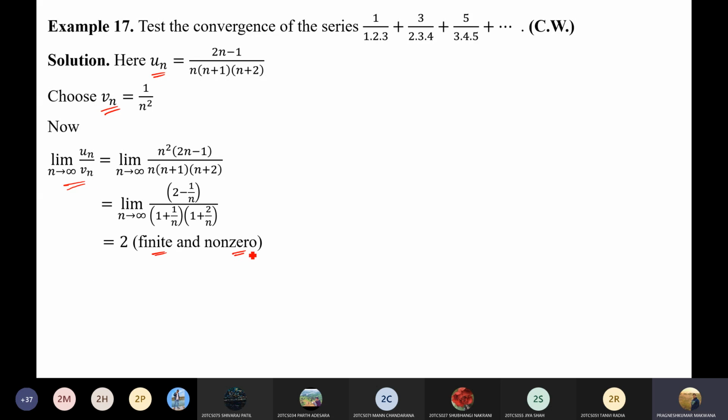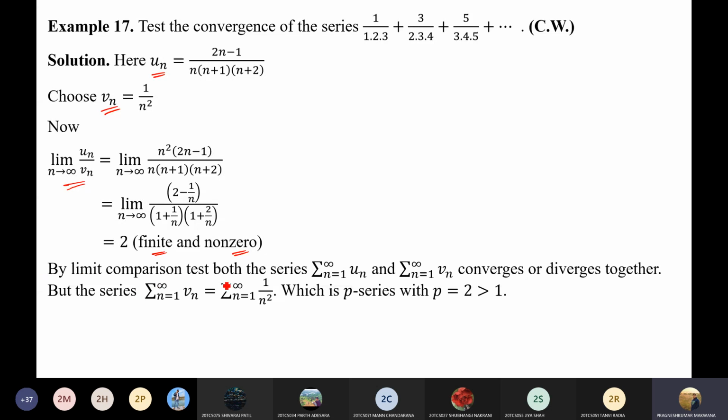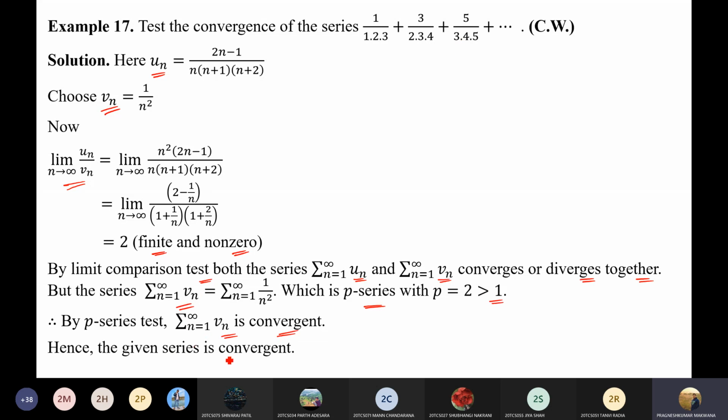The limit is finite and non-zero. So by the limit comparison test, both the series Un and Vn converge or diverge together. But the series Vn is a P series with p equal to 2, greater than 1. So by the P series test, the series is convergent. And now since this series is convergent, you can say that the given series is convergent. Hence that is the answer.